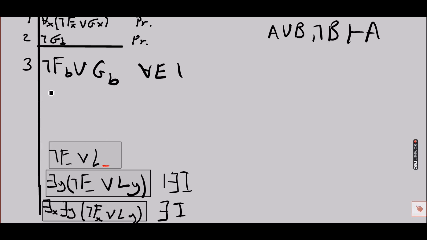So here we have a disjunction on line 3, and we have the negation of GB. So from those two things we can get the first disjunct. So we can get not FB using DS on 2 and 3.